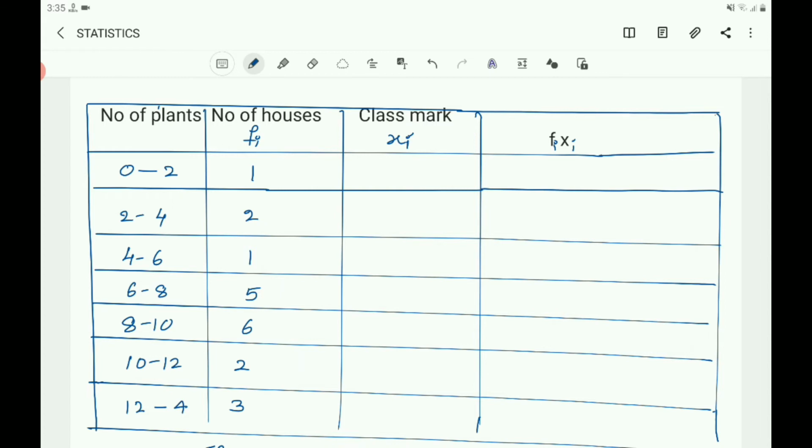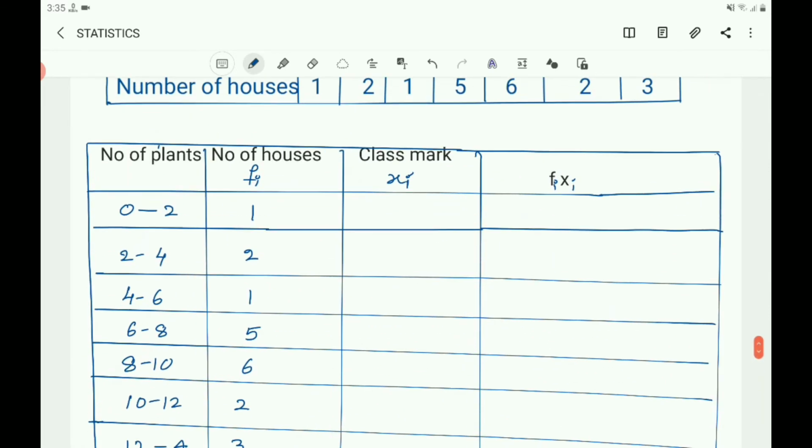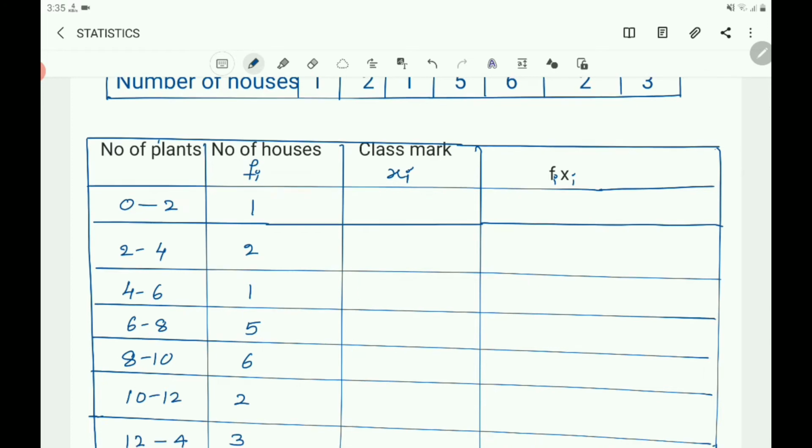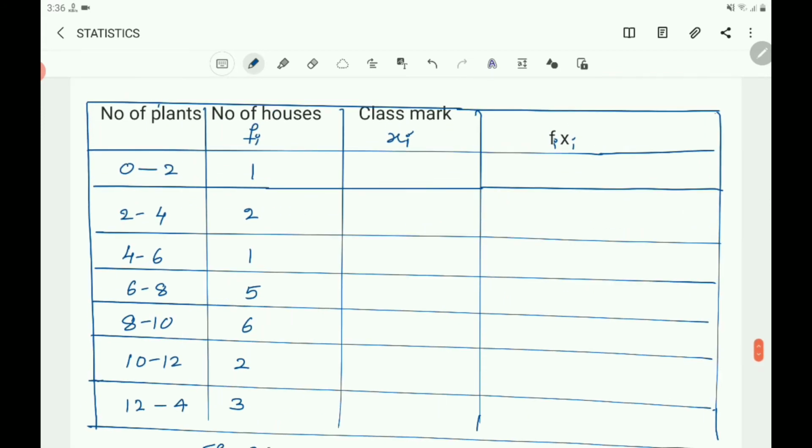For 0 and 2, directly you can write the answer, that is 0 plus 2 by 2, 2 plus 0 by 2 is 2 by 2 equals 1. You can write 1 here.